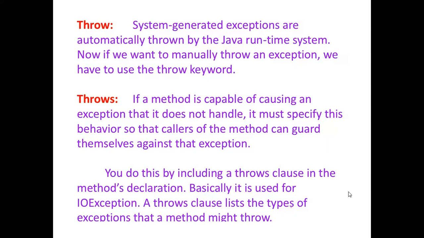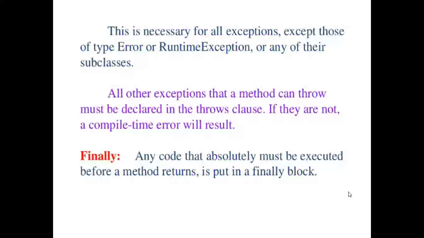Basically, it is used for IO exception. A throws clause lists the types of exceptions that a method might throw. This is necessary for all exceptions except those of type Error or RuntimeException or any of their subclasses.